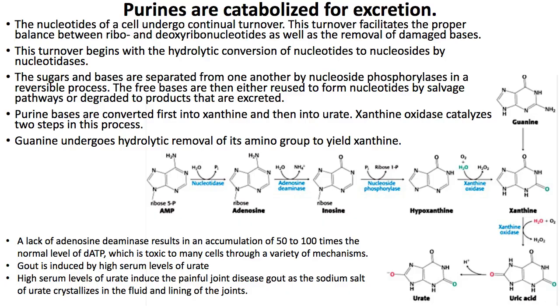This turnover begins with the hydrolytic conversion of nucleotides to nucleosides by nucleotidases, which is shown here, where you have an example of AMP going through the hydrolysis with a nucleotidase, where that phosphorus group is gone, and so the nucleotide is now a nucleoside because there's no longer that phosphorus group.